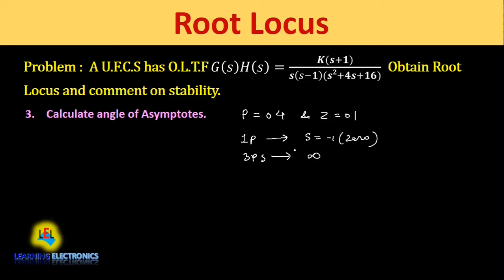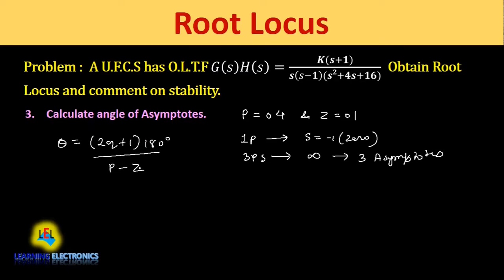Since three poles are approaching towards infinity, we will have three angles of asymptotes. Now we will use the formula of the angle of asymptote: theta is equal to (2q plus 1) into 180 degrees divided by p minus z. Now we will put the values of p and z here.